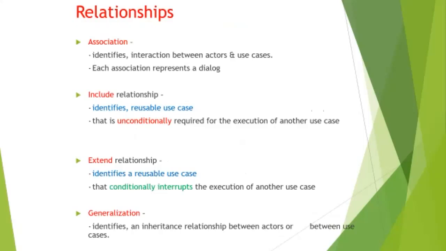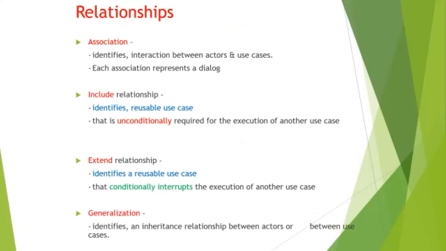Now the relationships between them. First one is association. Association identifies interaction between actors and use cases. Each association represents a dialogue. Include relationship identifies a reusable use case that is unconditionally required for the execution of another use case.